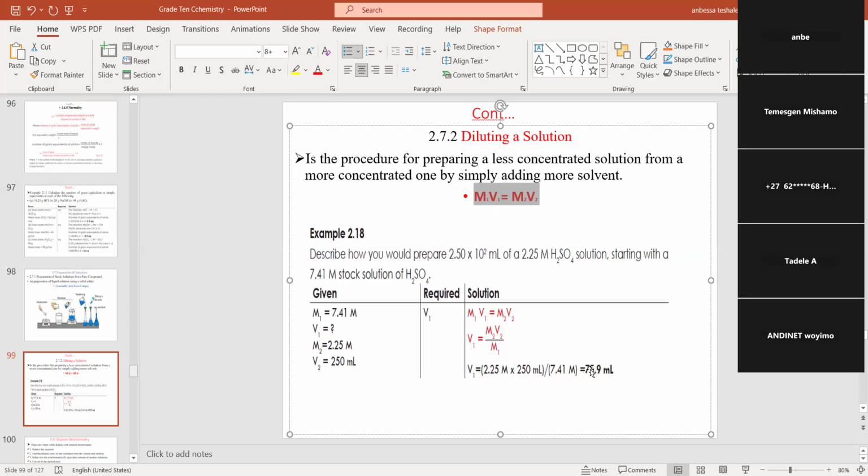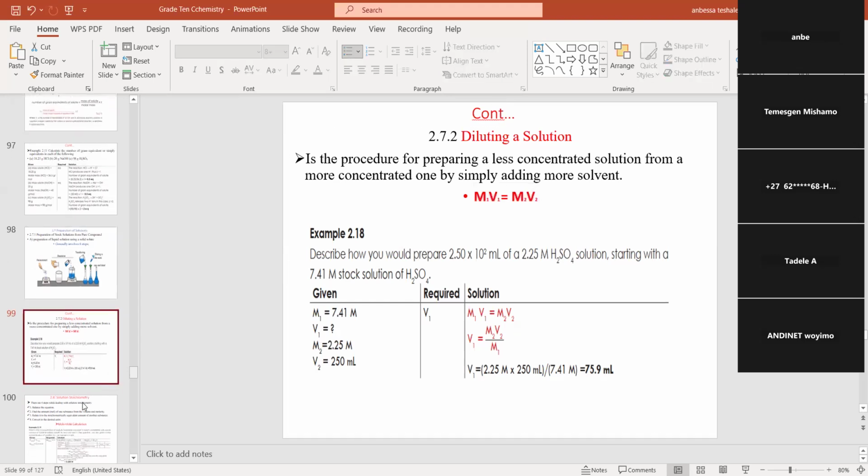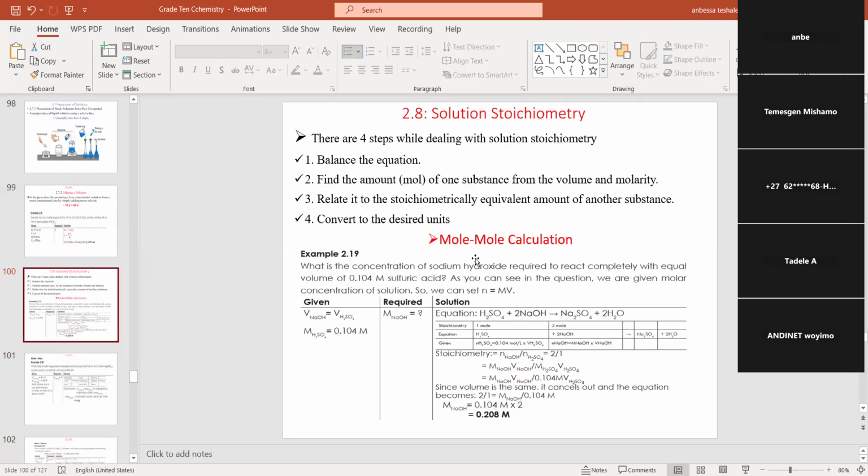So to prepare 7.41 molar of sulfuric acid, we have to use 75.9 ml of water. So this is the dilution formula, how to prepare less concentrated solution from high concentrated solution.